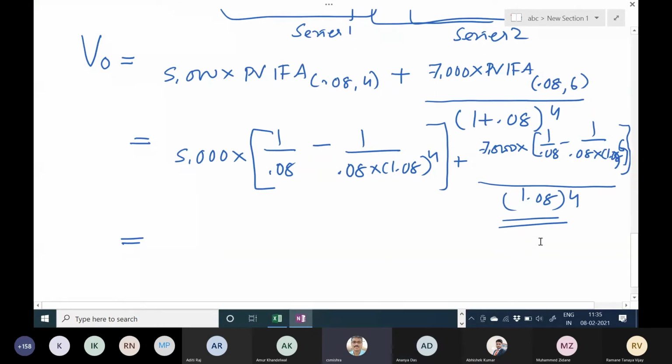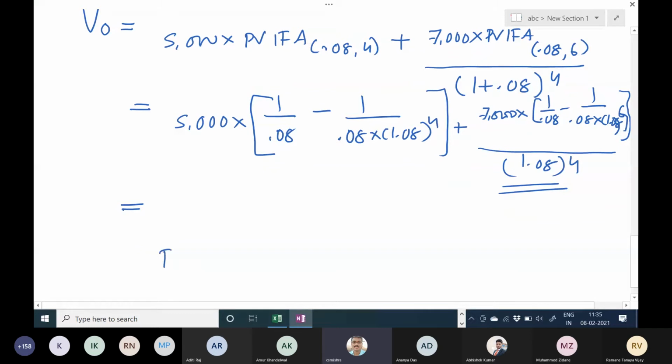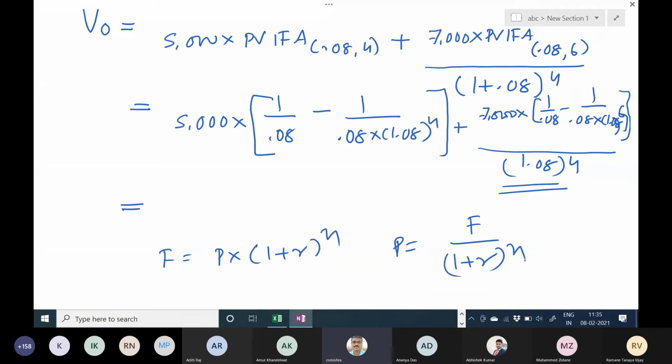Your future value is nothing but P into 1 plus r to the power n. So what will be your P value then? F by 1 plus r to the power n. Suppose you are investing 10,000 rupees today at 10%. What will be the value after 2 years?